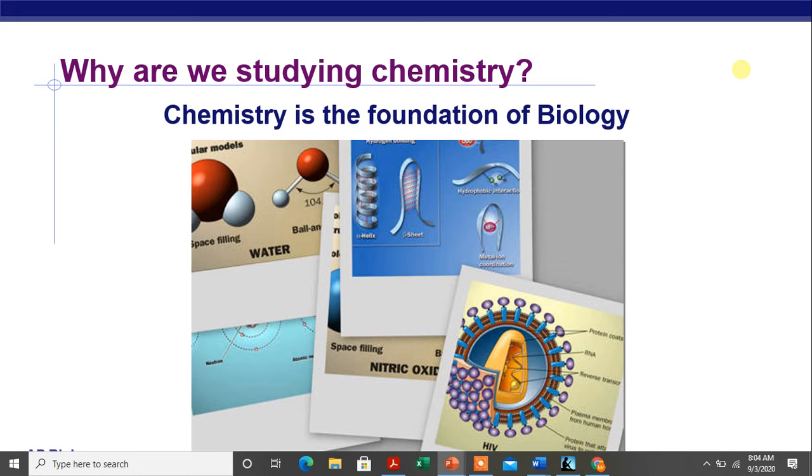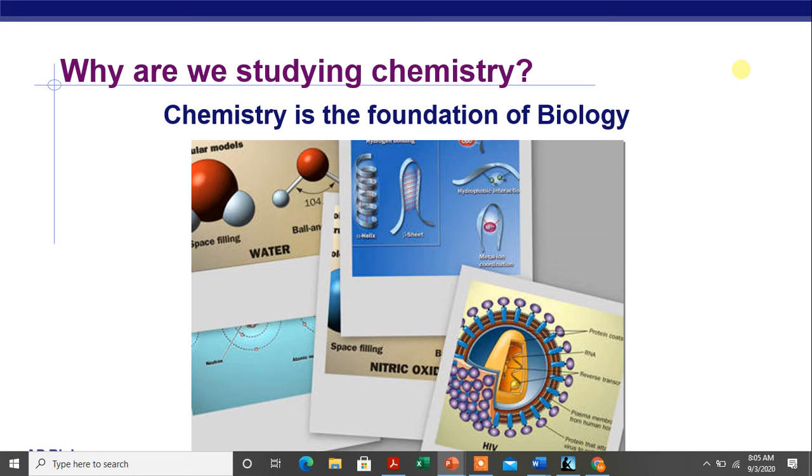So, the first idea is that chemistry is the foundation of biology. This is, for some people, good news, some people, bad news. If you really don't like chemistry, there really isn't any escaping it. If you'd ever want to go on and study or major in a biological science in college, you're going to have to take a fair bit of chemistry.